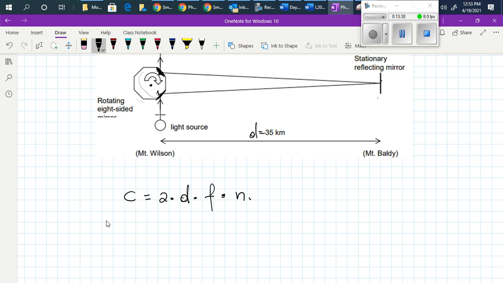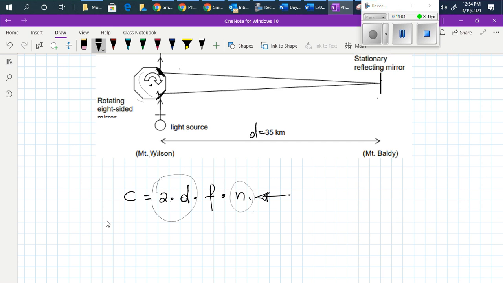This formula is not in your formula sheet, but I will explain why and how. This 2 here is because the light is traveling from Mount Wilson to Mount Baldy and then back to Mount Wilson where the observer is, so this is 2D.